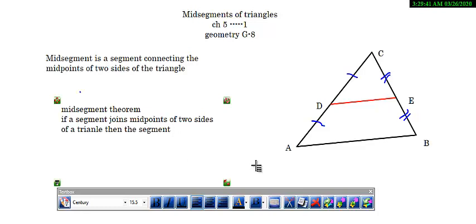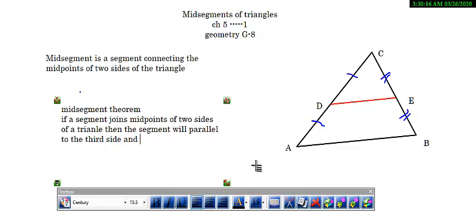The first one, the segment will be parallel to the third side, and half as long, and it will be half of its length.